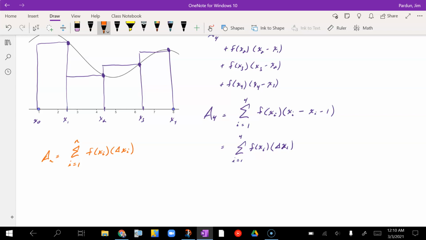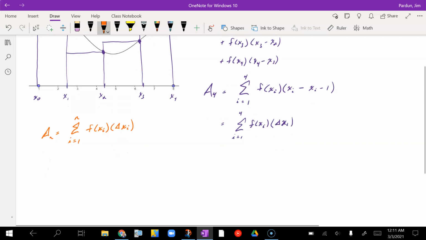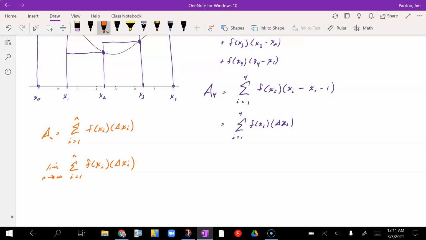Now, what's the ideal number of rectangles? Well, the ideal number of rectangles would be infinitely many. So what we can say is that the area under the curve is going to be, if we want to let n go to infinity, we're going to use limits. We're going to take the limit as n goes to infinity of the summation of i equals 1 to n of f of x sub i times delta x sub i.